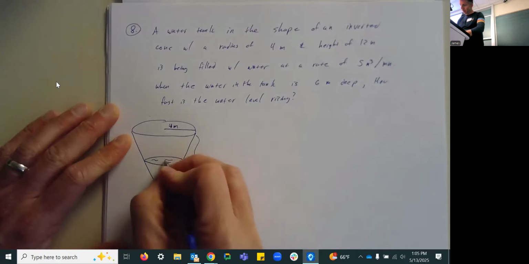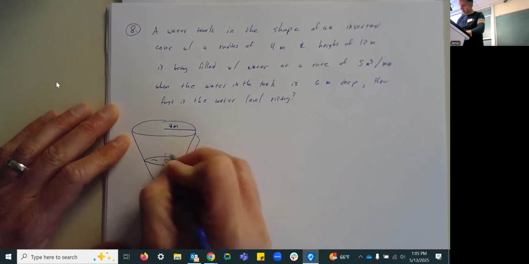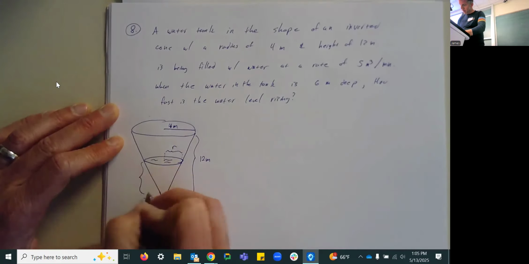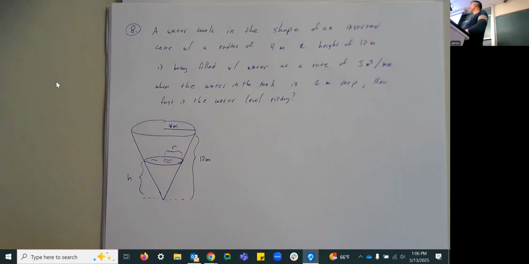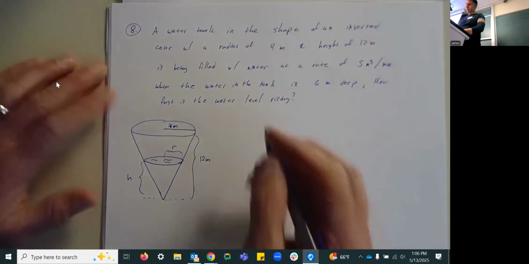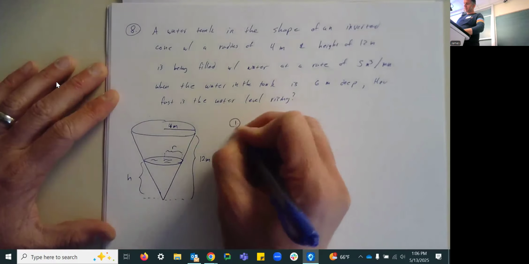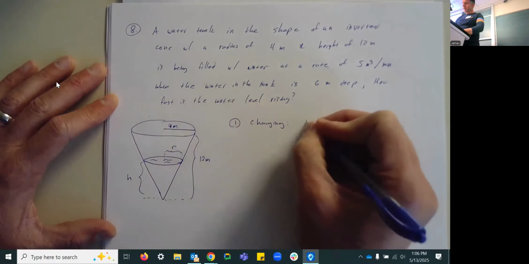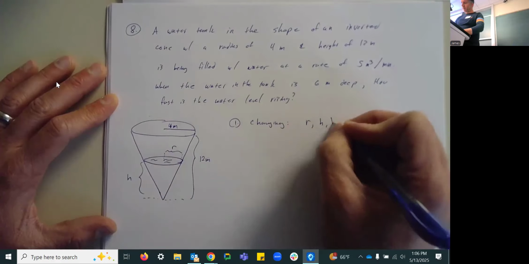So we're really interested in that radius and that height, which are both changing. So the things that are changing that we care about: the radius, the height, and the volume.